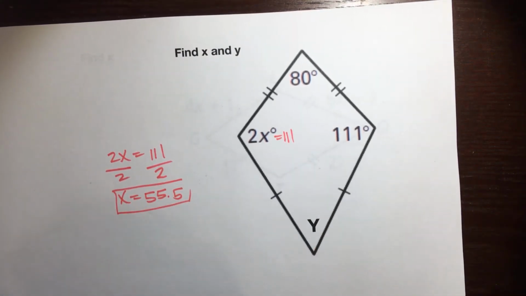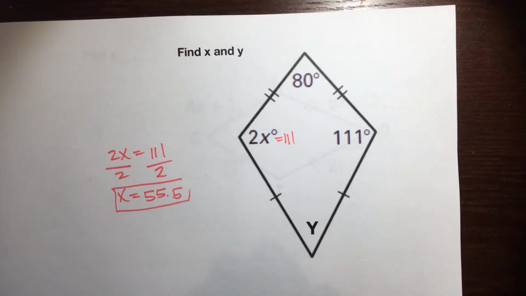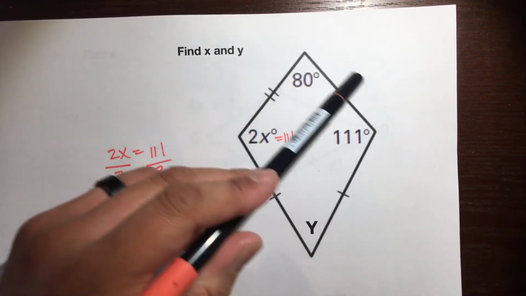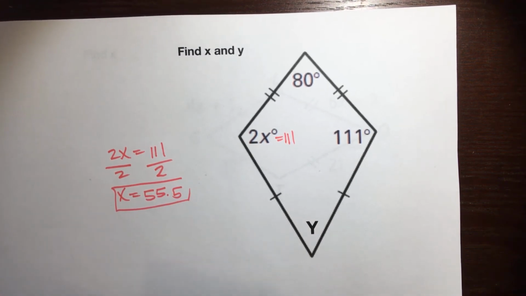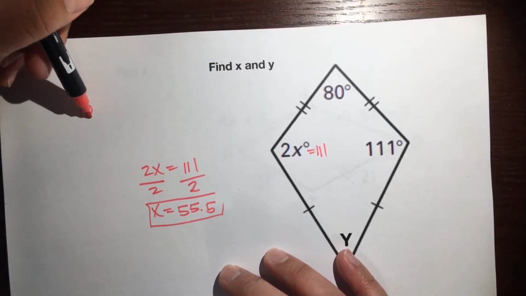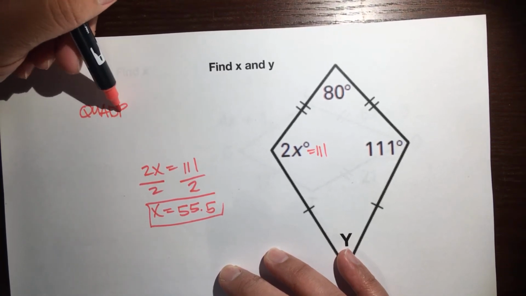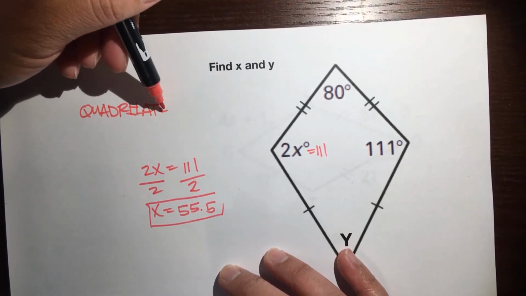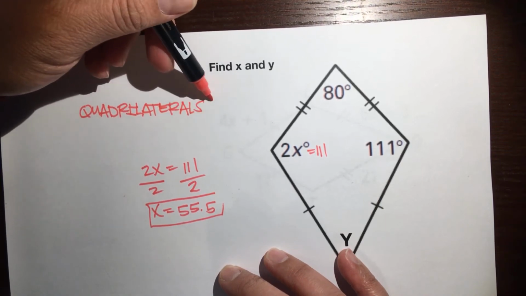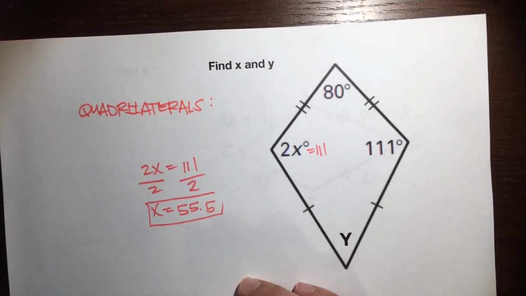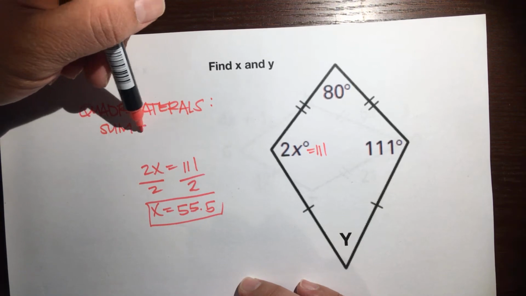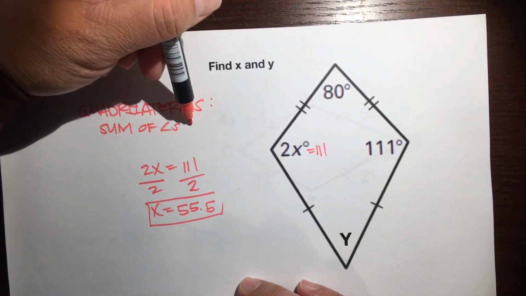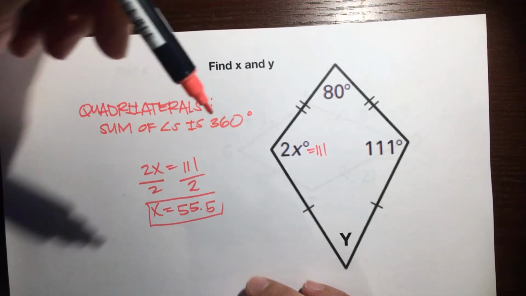What is y? Well, one fact that you may or may not have known yet is that for any quadrilateral, a quadrilateral is a shape with 4 sides, the sum of angles is 360 degrees.